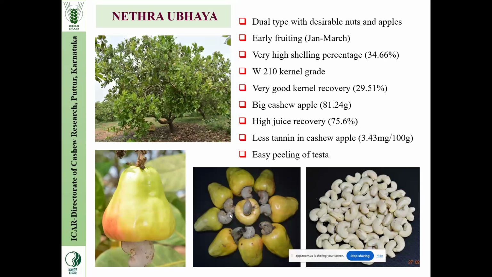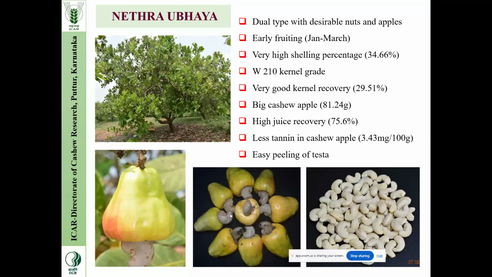And coming to another variety, that is Netra Ubhaya. This variety is named a dual purpose variety, meaning the cashew apple is also utilized as well as the nut. Why is the cashew apple also utilized? Generally, even though cashew apple is rich in vitamin C, because of the tannin content we can't directly take that fruit and eat it, which causes some itchiness.